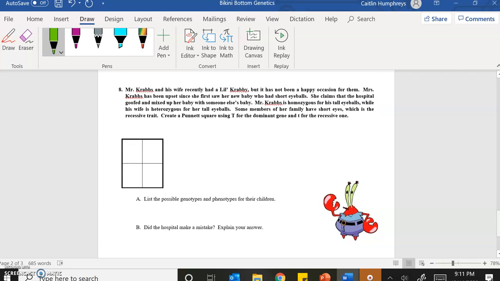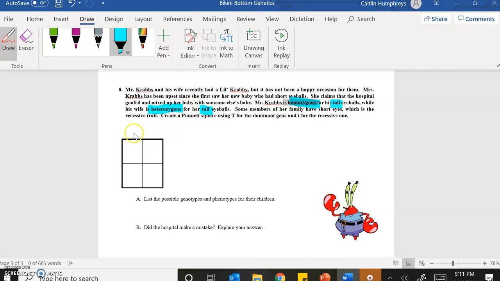Number 8. Mr. Crab and his wife recently had little Krabby, but it has not been a happy occasion for them. Mrs. Crab has been upset since she first saw her new baby, who had short eyeballs. She claims that the hospital goofed and mixed up her baby with somebody else's baby. Mr. Crab is homozygous for tall eyeballs, so we know tall is dominant, while his wife is heterozygous, and she also has tall.